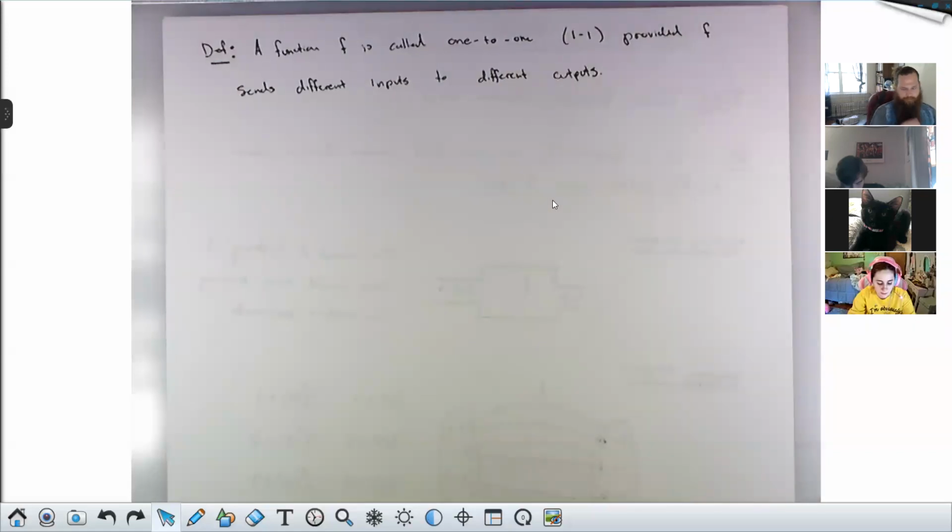All right, that's the language that your textbook uses, and it's fine, it's correct. You could also say that every input gets its own output, that every output comes from its own input, or that every input has a unique output in the range associated with it.